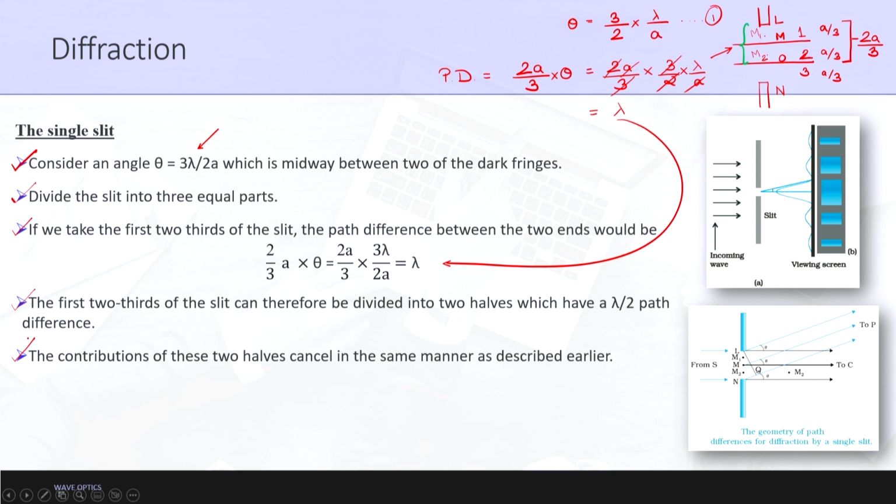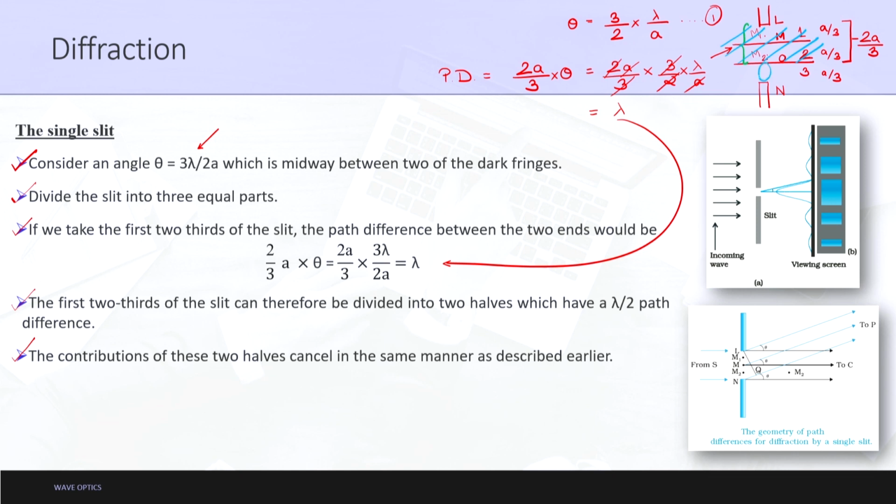Therefore there is no influence of these 2/3 part. The only intensity which we get at any point apart from the central fringe, after any dark fringe, is due to the part which is remaining in this portion here. Every two divisions cancel each other. Why?